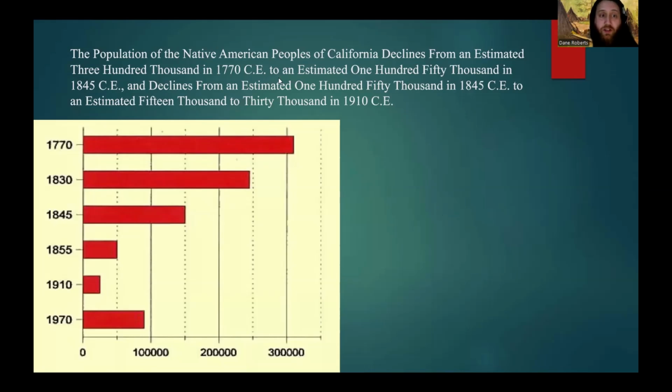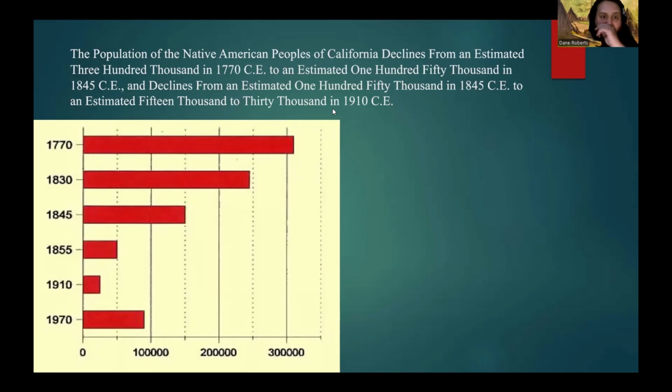For example, the population of the Native American peoples of California declined from an estimated 300,000 in 1770 CE to an estimated 150,000 in 1845 CE. And then it declined from an estimated 150,000 in 1845 CE to an estimated 15 to 30,000 in 1910 CE.